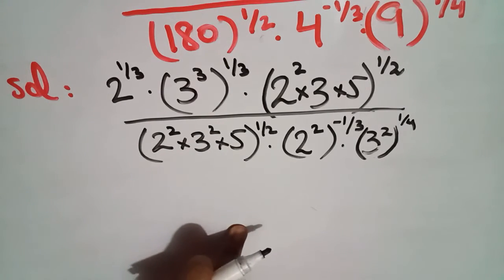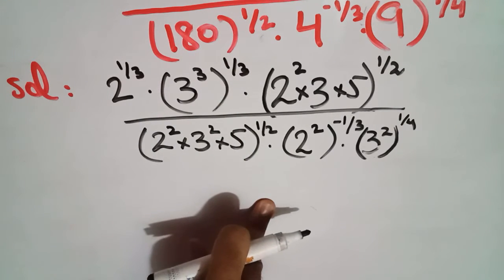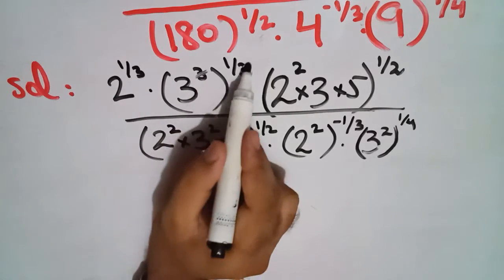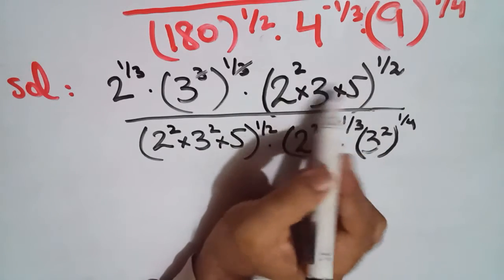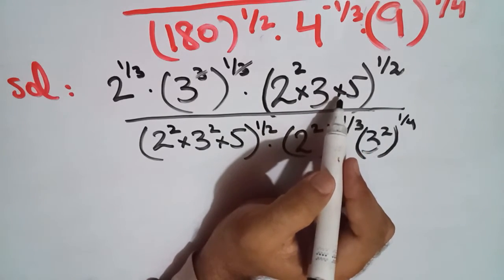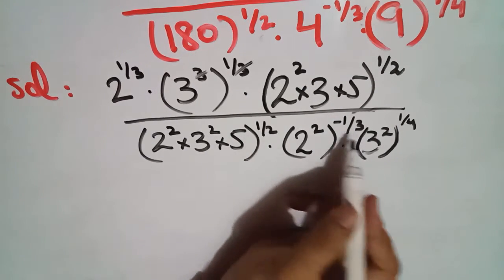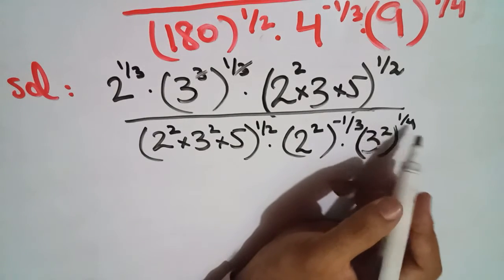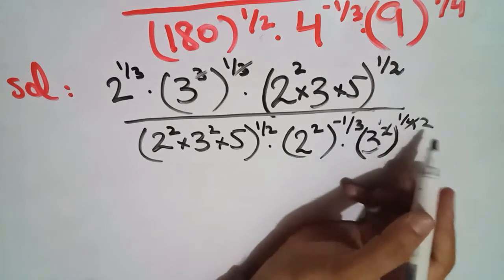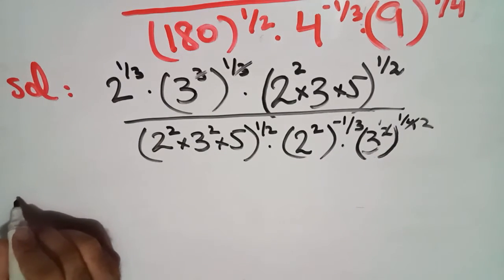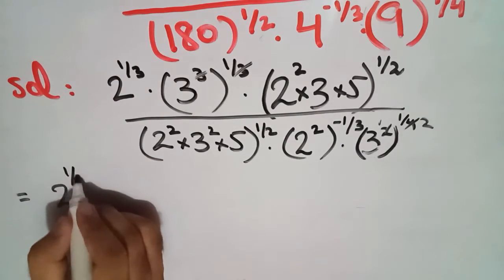Here you can see there are different powers which are cancelling out. So this 3 will be cancelled with this 1, and this 2. This is the power of all the numbers present in the bracket, and this is also the power of all the numbers. So here we will cancel: 2 ones are 2, 2 twos are 4, and 1 by 2 will be present in the next step. By simplifying, I will write 2 raised to power 1 by 3 as it is.